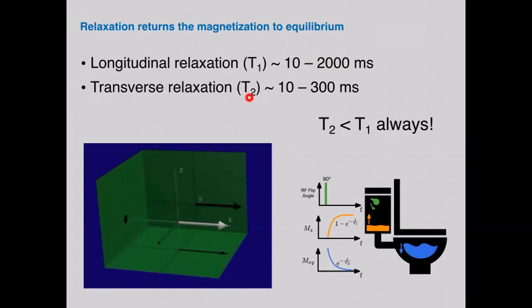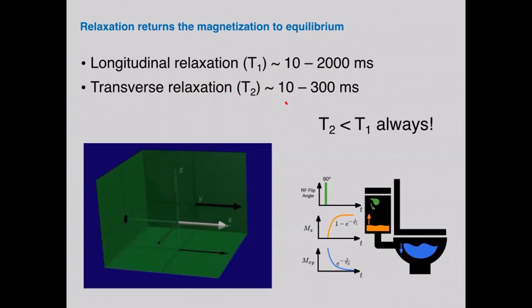It could be less than 10, but we usually don't see those species so much, so it's 10 to 300 milliseconds approximately. This is the time constant for the decay in the transverse direction, and T1 is the recovery in the longitudinal. If you just remember, the longitudinal T1 corresponds to the filling of the tank in the toilet, and the transverse relaxation is the loss of signal.